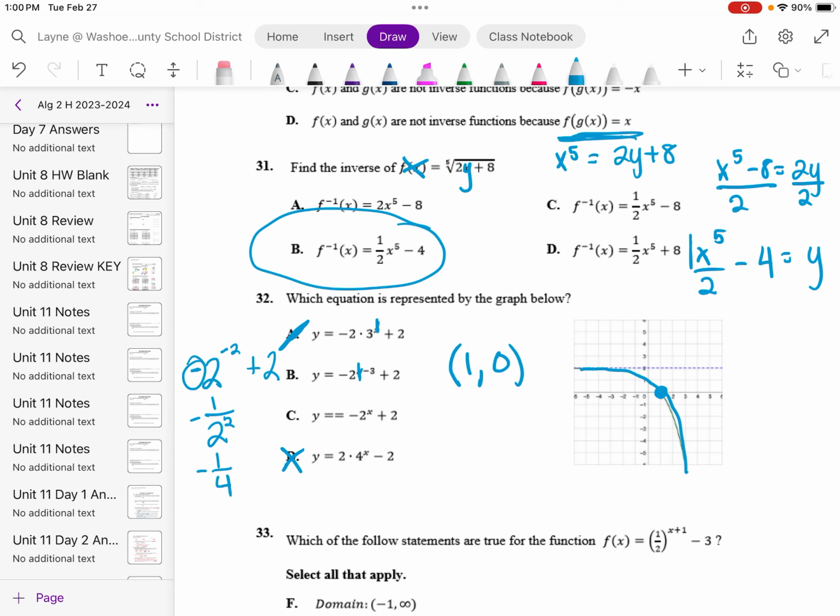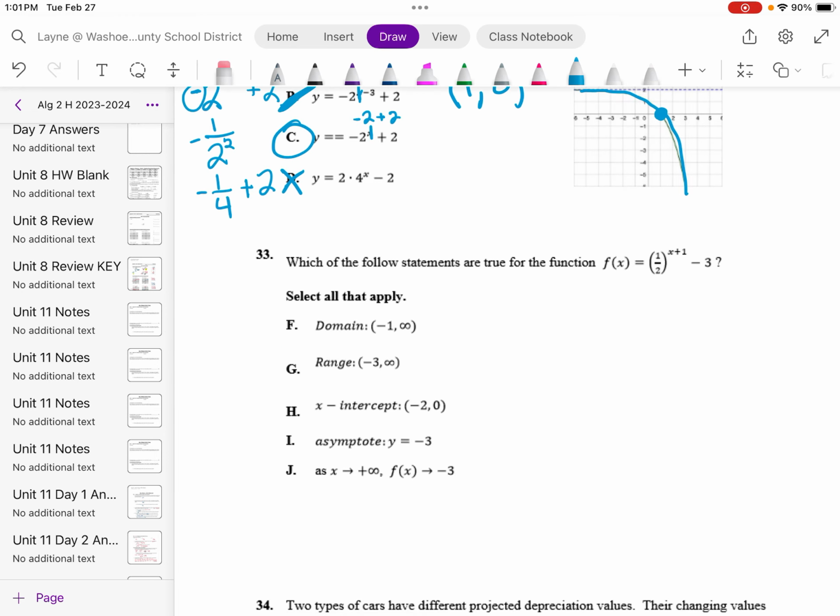This negative just stays in front. Negative 1/4 plus 2 is not going to be 0 like I want it to be. So now I plug into the last one. 2 to the first power is 2, but then this negative still in front, so this will be negative 2 plus 2, which is 0. So C gives us the correct answer. If you would rather, you can just type each of those into the graphing calculator and see which one gives you the correct answer.